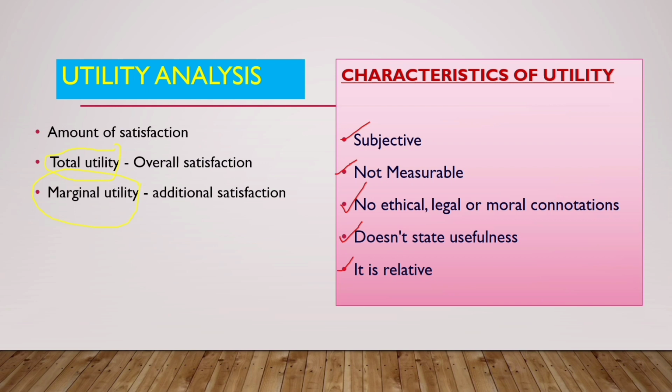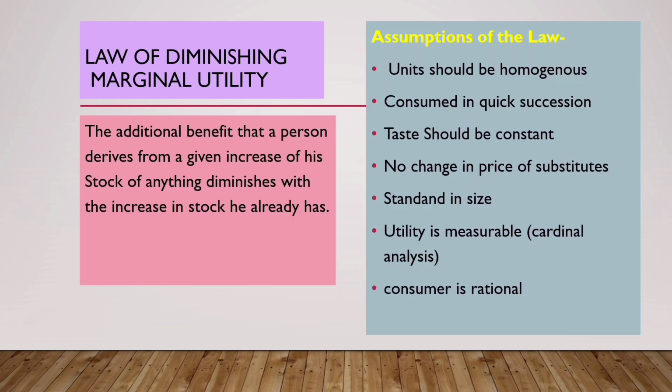Now talking about the law of DMU. Dr. Alfred Marshall in his definition stated that the additional benefit that a person derives from a given increase of his stock of anything diminishes with the increase in the stock he already has. It means that as we have more and more of a commodity, the utility derived from every successive unit keeps on declining. For example, when we are extremely hungry, we might be ready to spend even 500 rupees or more for that particular food.